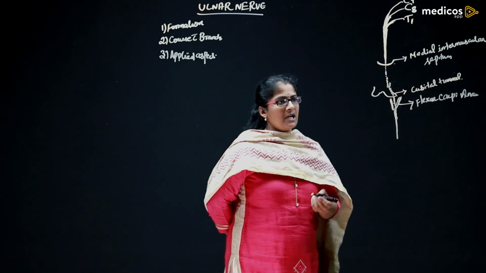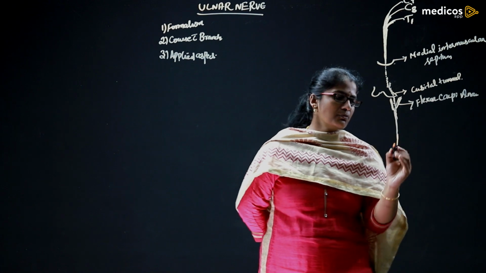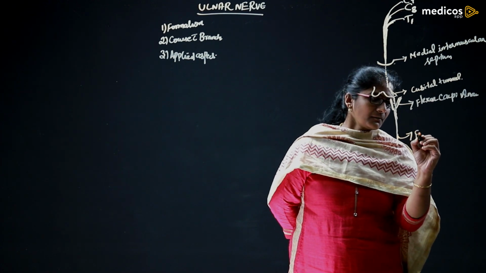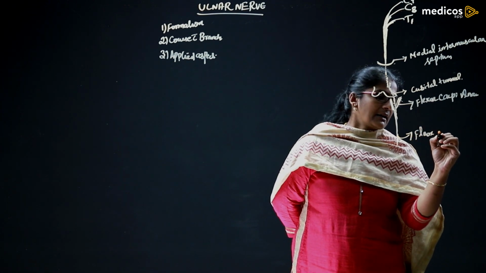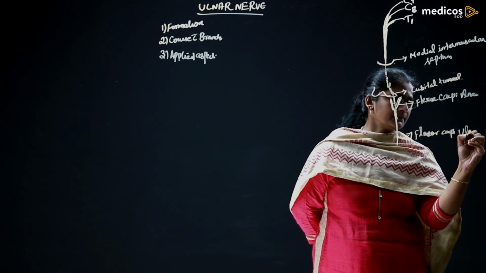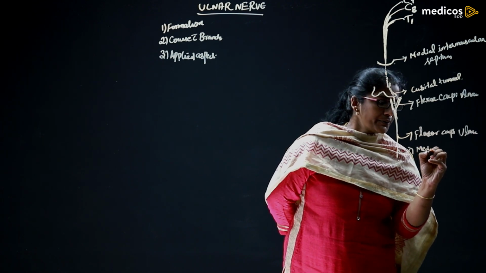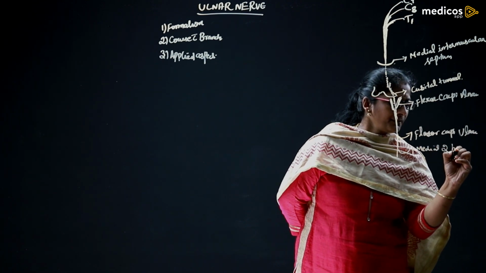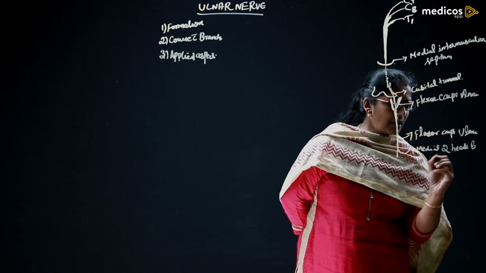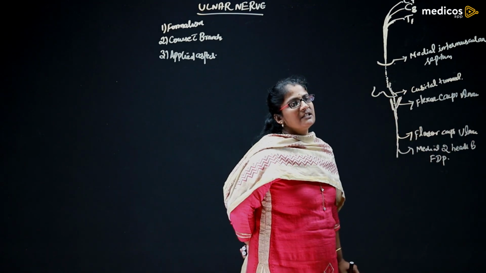In the forearm, as we already discussed, it gives branches to two muscles: the flexor carpi ulnaris and the medial two heads of flexor digitorum profundus.